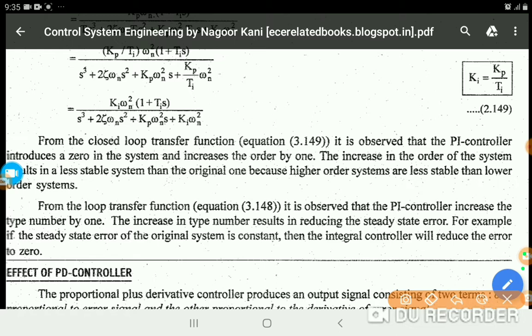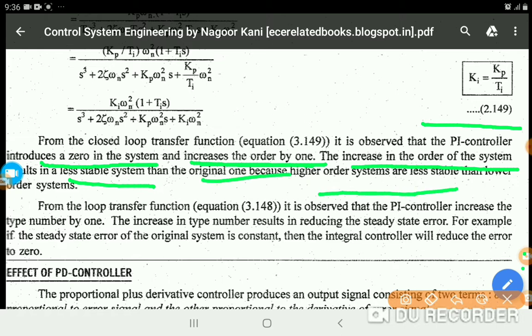While introducing a PI controller, a zero in the system increases the order by 1. So what we can understand here is that by introducing a zero in the system, it increases the order by 1. The increase in order of the system results in a less stable system than the original one, because higher order systems are less stable.